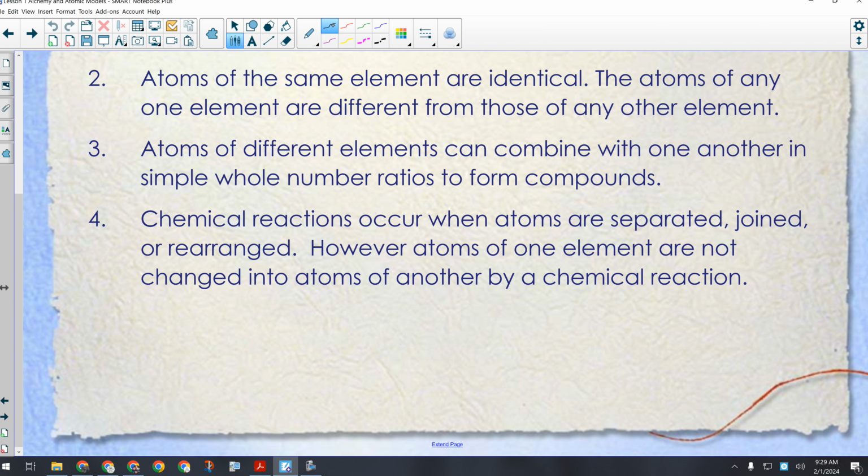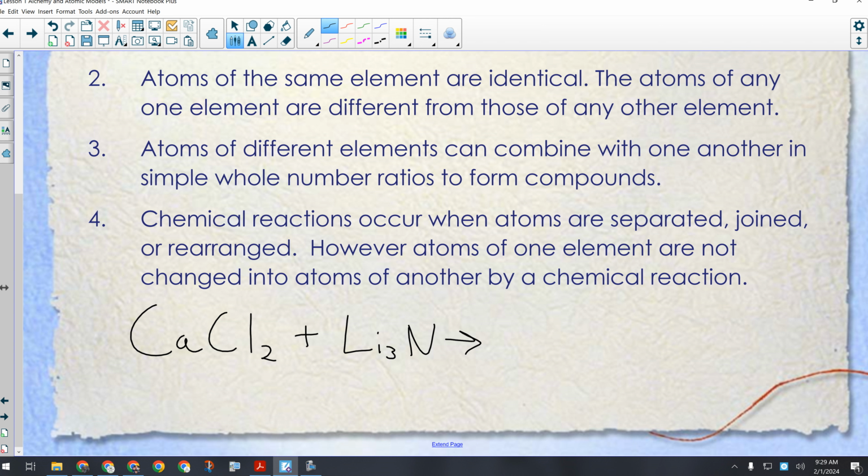where he would have had, let's say, a chemical reaction between these 2 compounds, calcium chloride and lithium nitride.